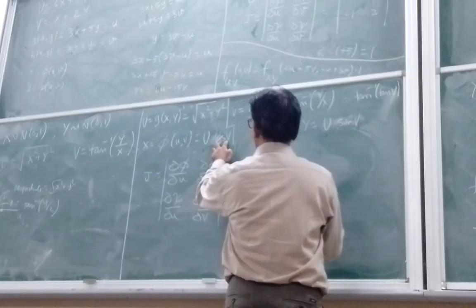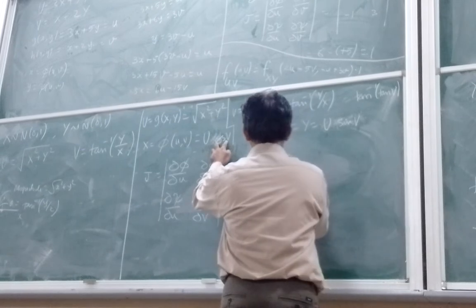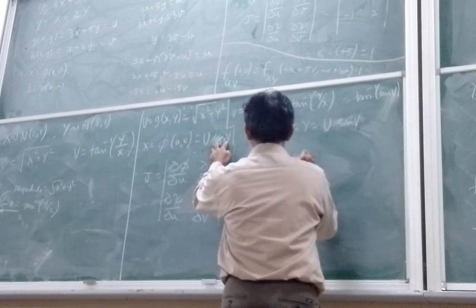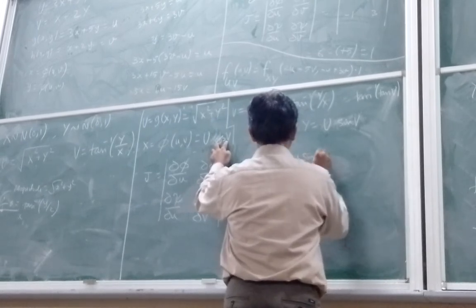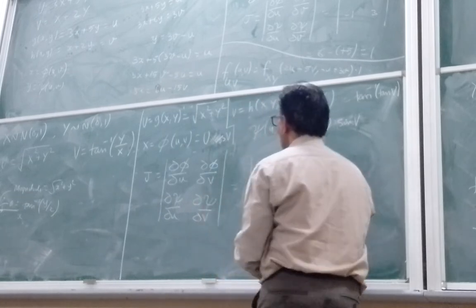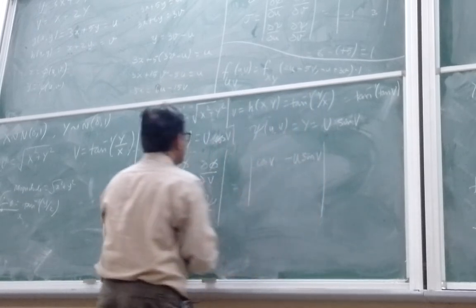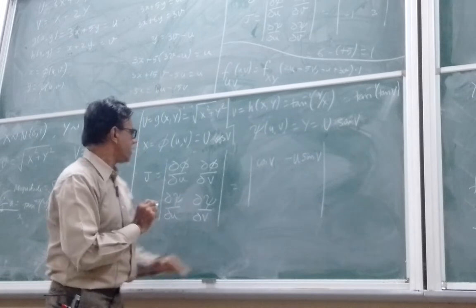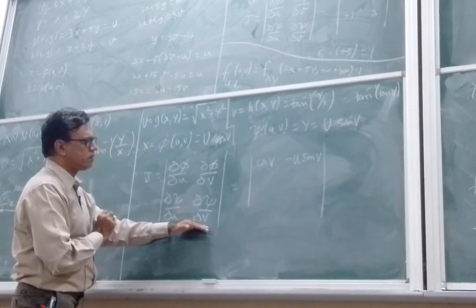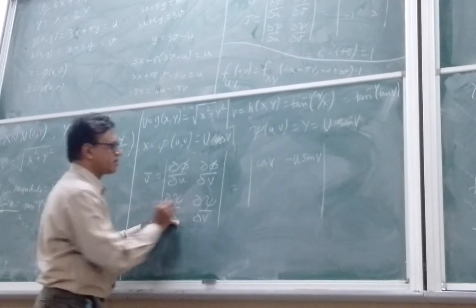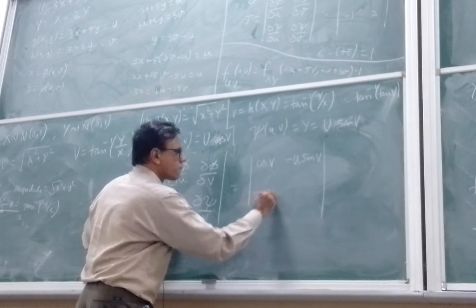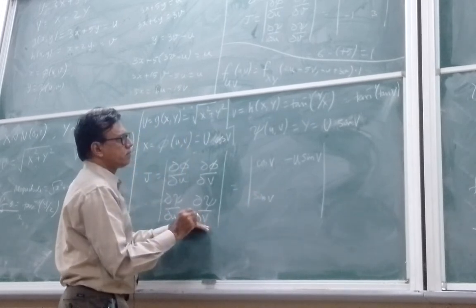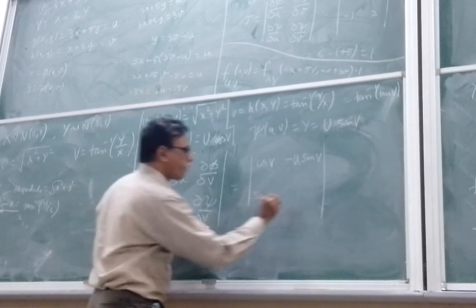So cos v differentiation, minus sin v. So minus u sin v. And this one I have to differentiate with respect to u and v. So u means sin v and v means it is u cos v.